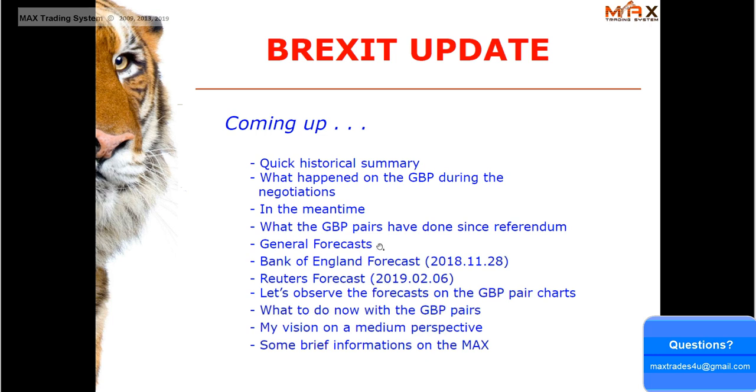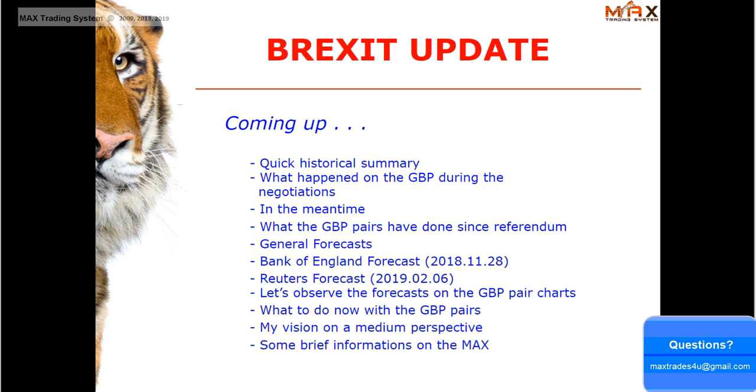I will consider, for example, a forecast made by the Bank of England in November 2018, so just a few months ago, and then one published by Reuters in February this year. And this will give us an idea where the pound, and especially the pound pairs, can go over the next months. I will show you these forecasts on the pound pairs. And so this will give us an idea where the pound pairs can move.